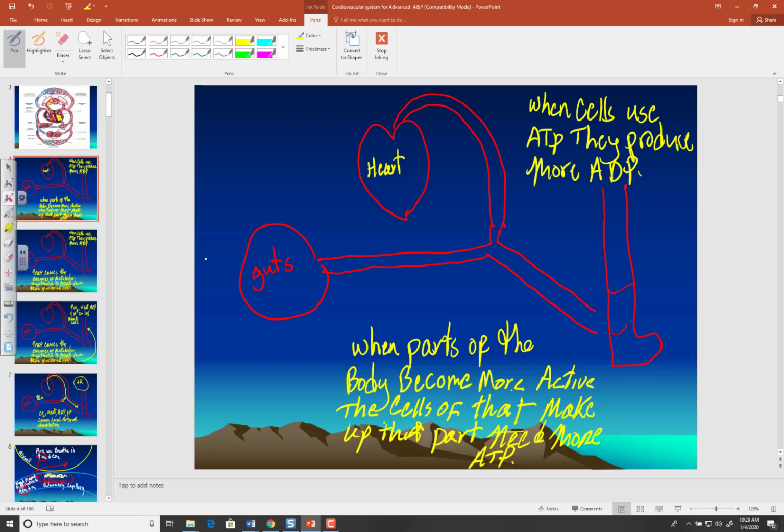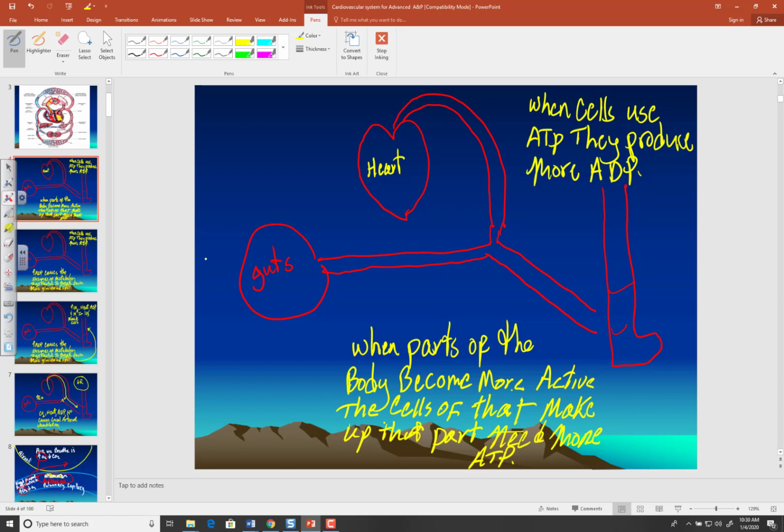So parts of the body that become more metabolically active are going to have a cascade of reactions on other systems of the body, and how those systems work to try to maintain homeostasis, that is physiology.